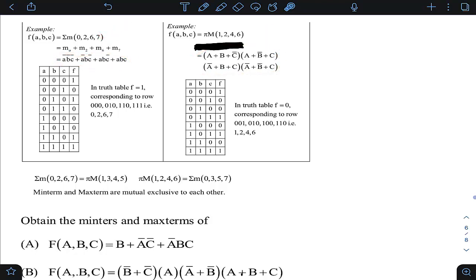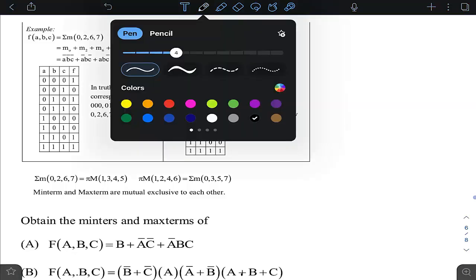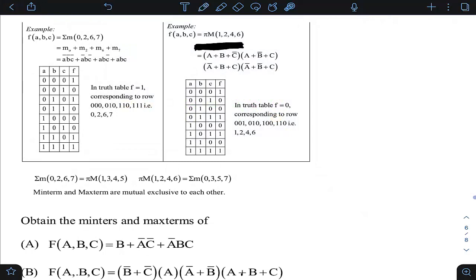The shortcut way would be, because in the maxterm case we are concentrating on where the output is 0, you highlight those rows where the output is 0. This is a row where output is 0, this is a row, this is a row, and this is a row. So what are the decimal equivalents of ABC? 0, 0, 1 is 1.